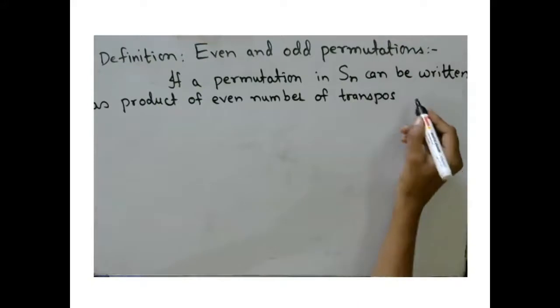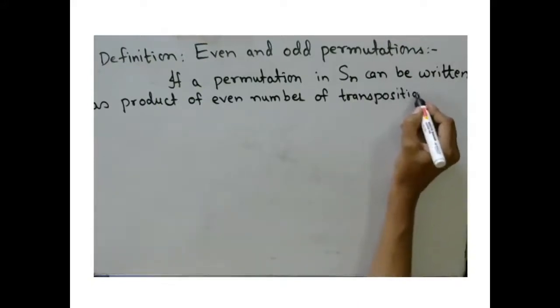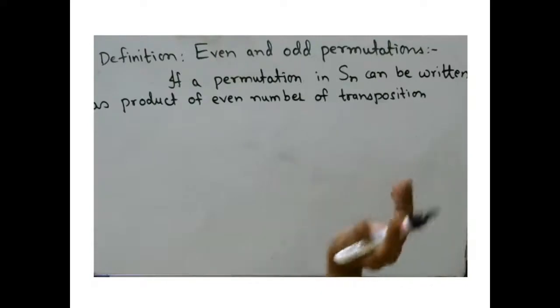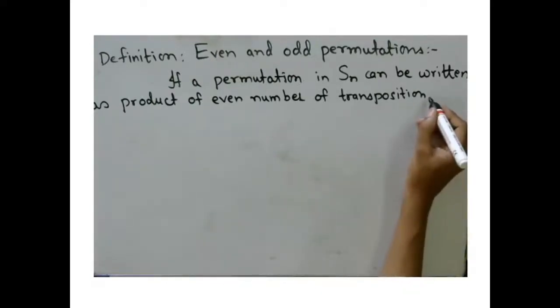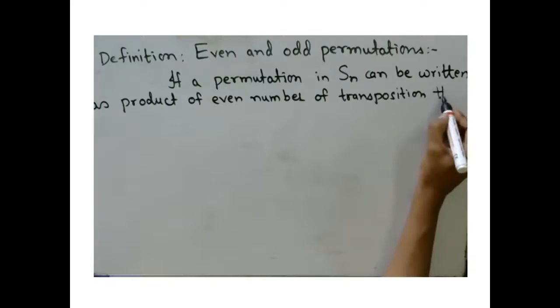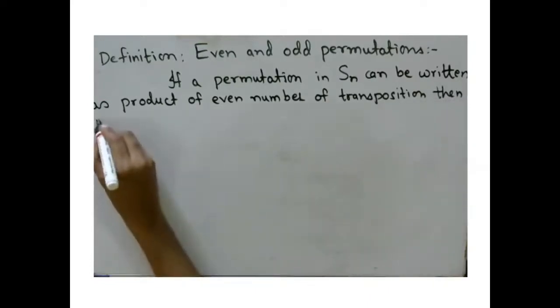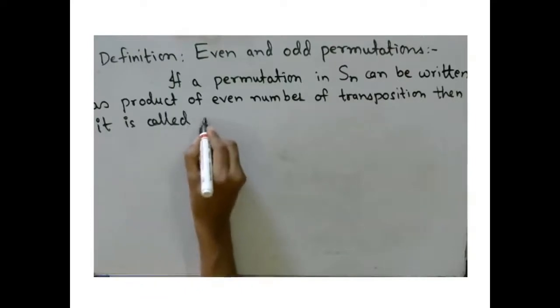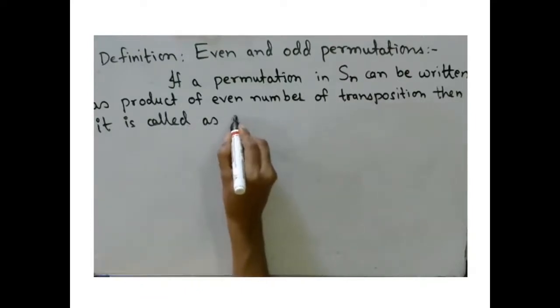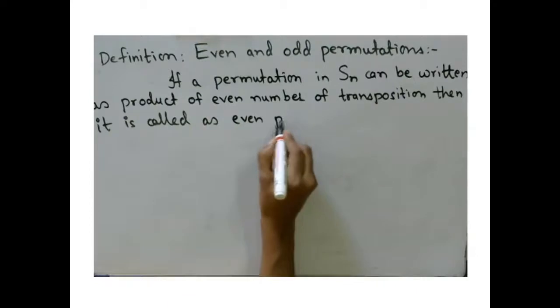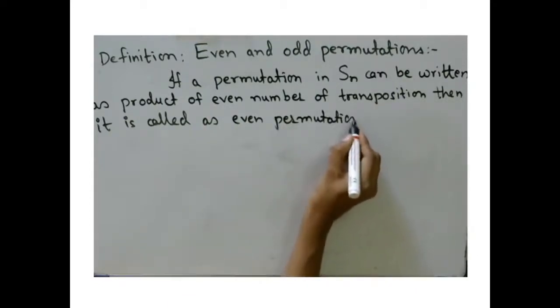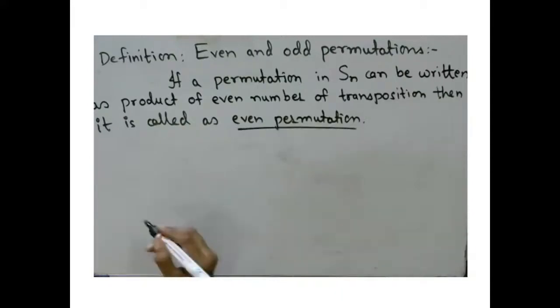In the previous remark we have seen that every permutation can be written as a product of transpositions. If there are an even number of transpositions in that permutation, then such a permutation is called an even permutation.